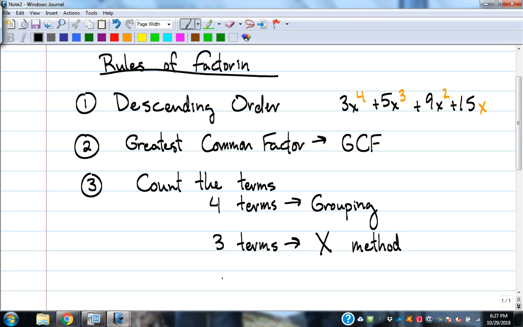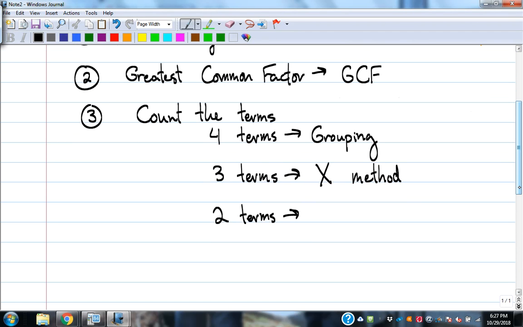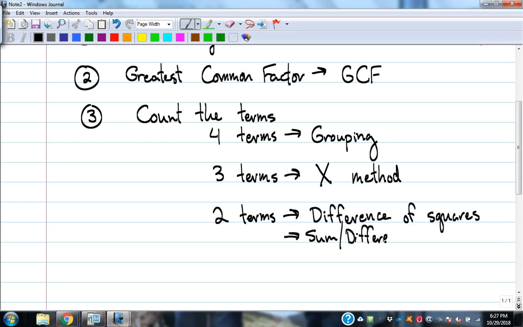2 terms. This is where that preview I gave you comes from. It's either going to be a difference of squares, or it could be a sum or difference of cubes.